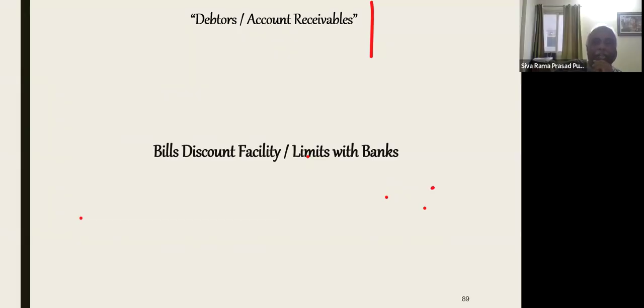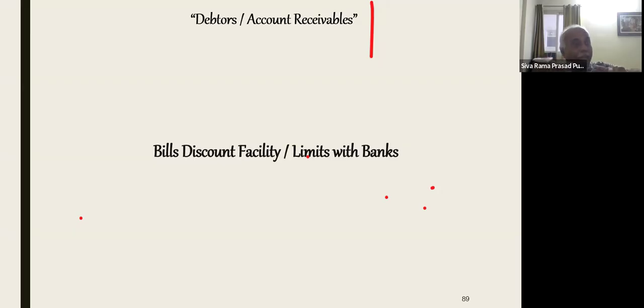Next, this is the last point. Today, all corporates are enjoying a bills discounting facility. This is with recourse only, not without recourse. For giving the bills discounting, banks are taking collateral security.